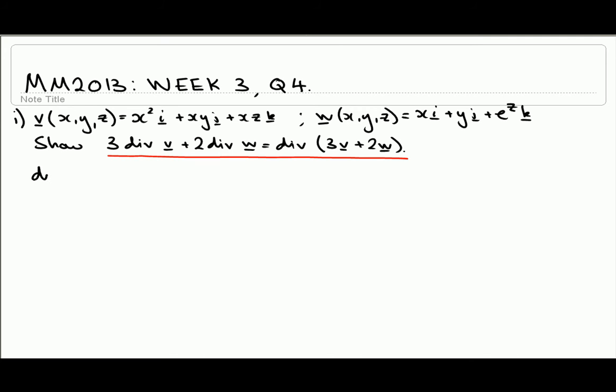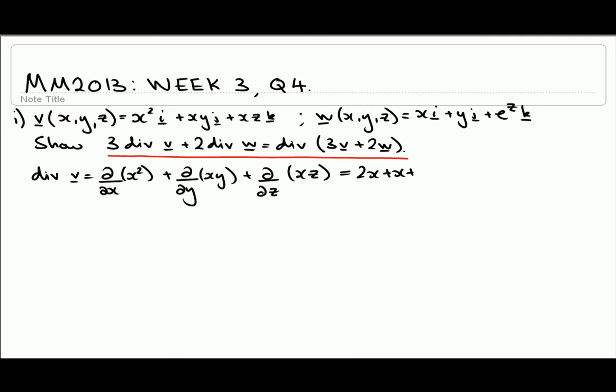So the divergence of v is going to be d by dx of x squared plus d by dy of xy plus d by dz of xz, which is equal to 2x plus x plus x, which equals 4x.